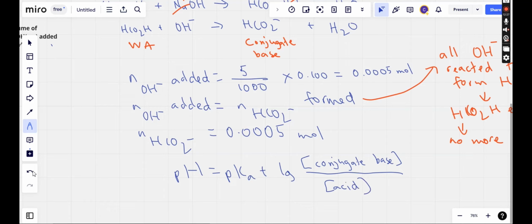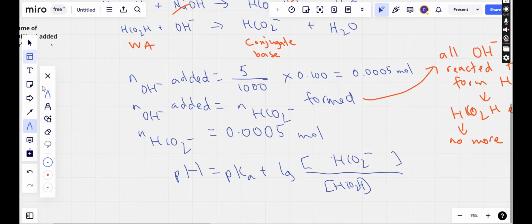So in this case, your conjugate base is here and your weak acid is here. So I erase and rewrite again. Here's your HCO2 minus, here's your HCO2H.